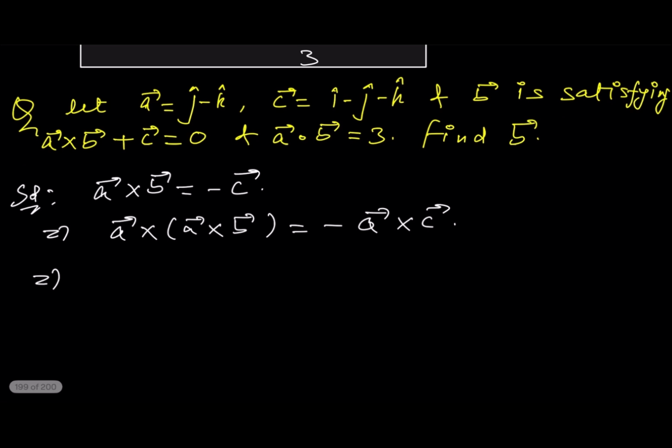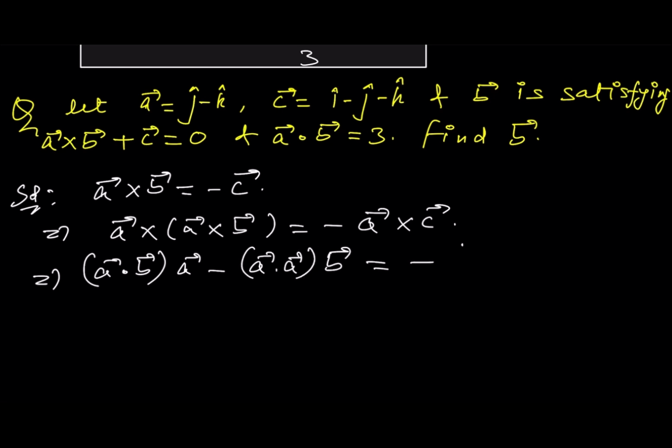So (a dot p) times a minus (a dot a) times p is equal to minus a cross c, because a is given, c is given, so I can find a cross c as well. So determinant of i, j, k; 0, 1, minus 1; 1, minus 1, minus 1.